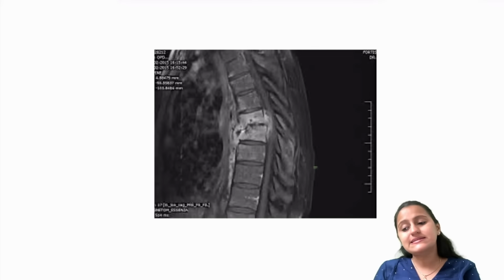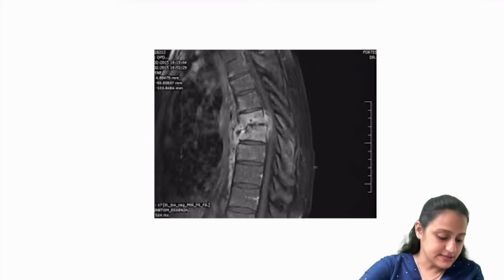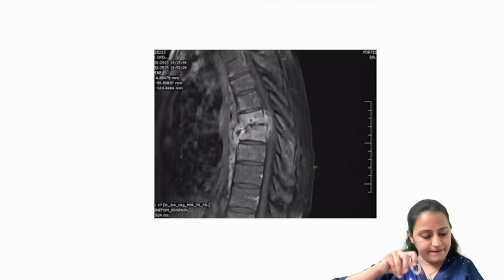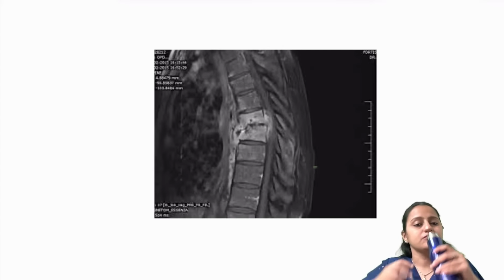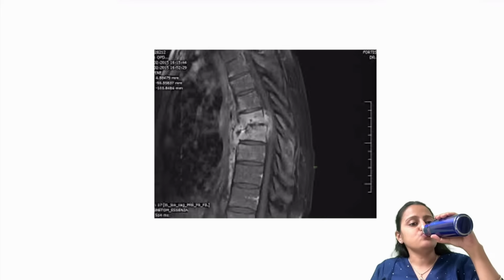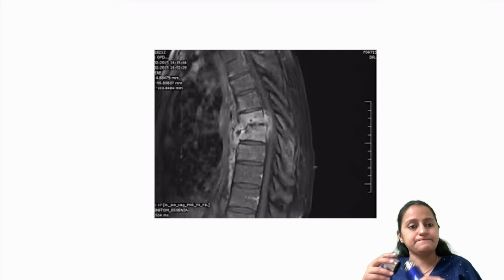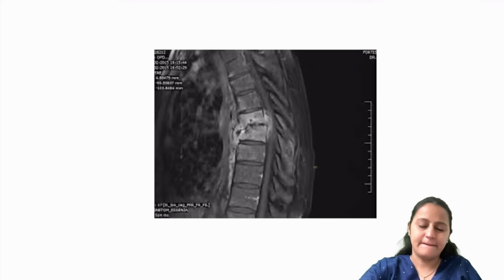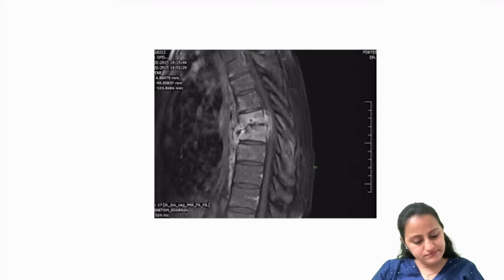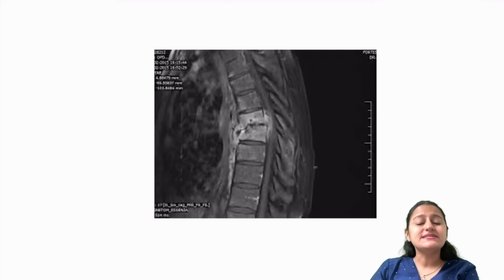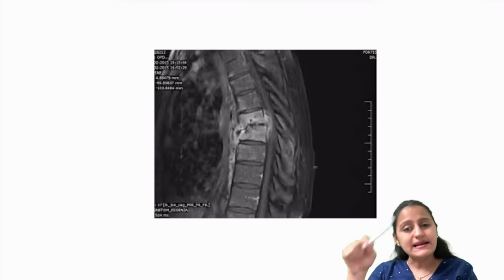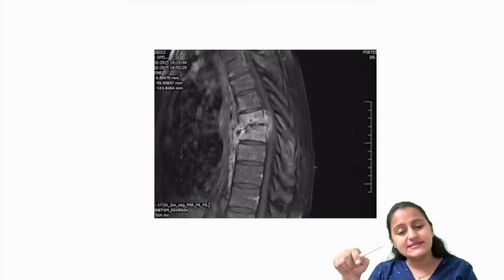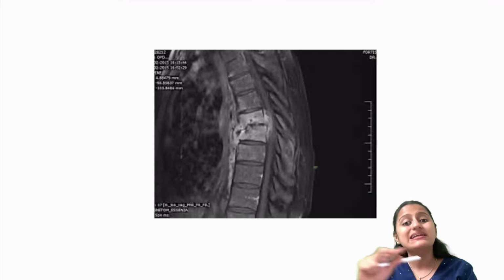Going to the next one, is this multiple myeloma? Is this pot spine? Is this vertebral metastasis? This is pot spine. Why? Because remember, multiple myeloma and vertebral metastasis involve the bone, not the intervertebral disc.